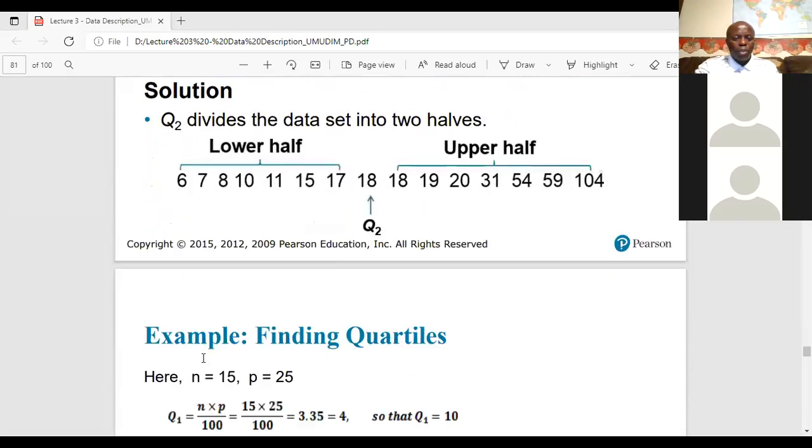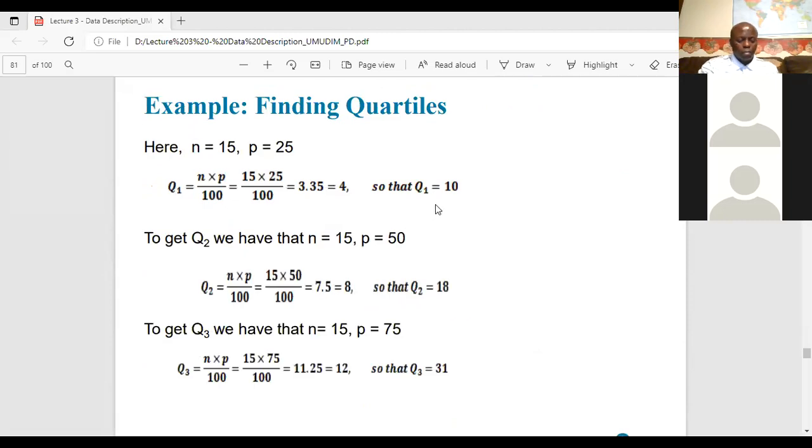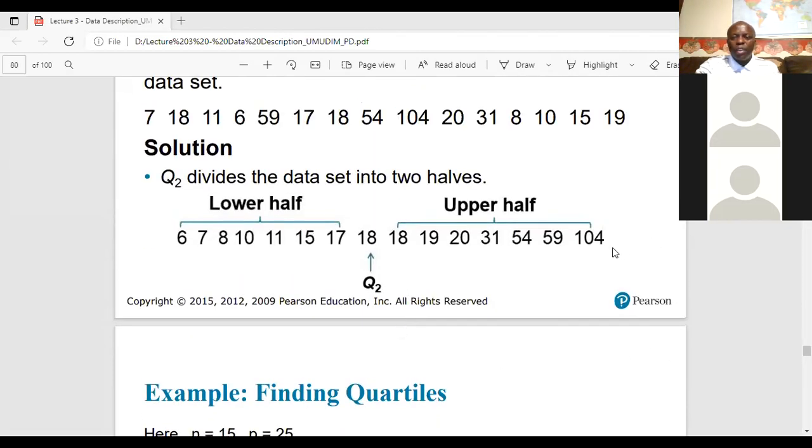Q1 is 10. Q2 is 18. And Q3 is 75. The largest number we have here is 104. Now we can make the chart.